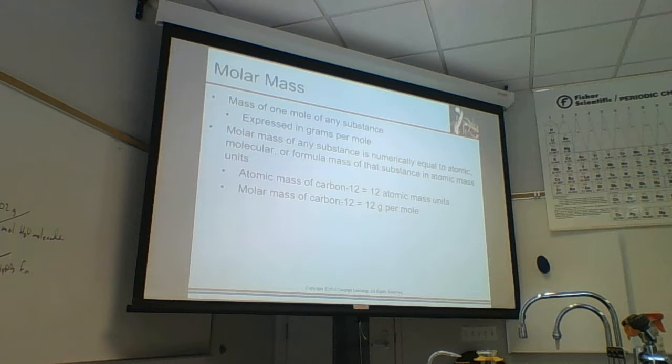Now, what do we call this? What we're going to call this is the molar mass. And so atomic or isotopic masses are going to have U per atom or isotope. Molar mass is going to be grams per mole of atoms.